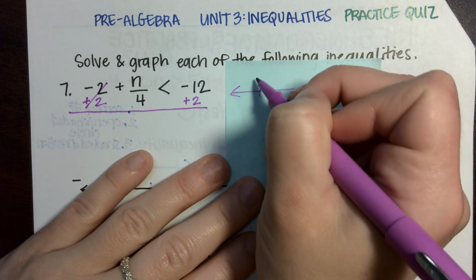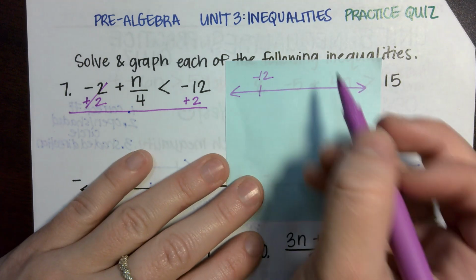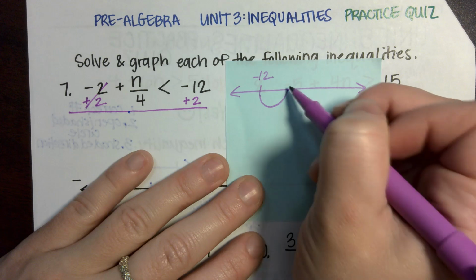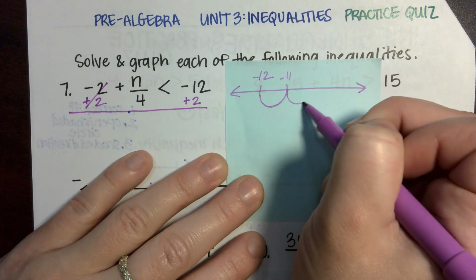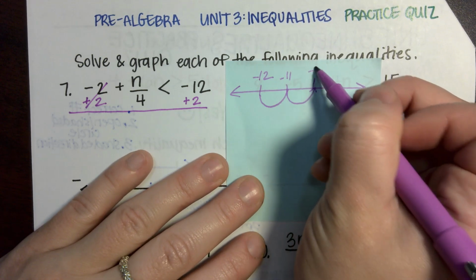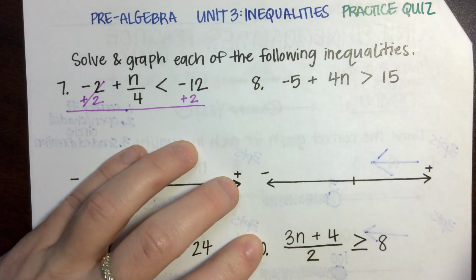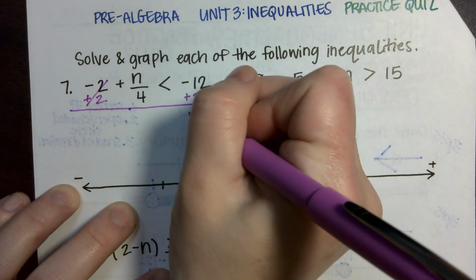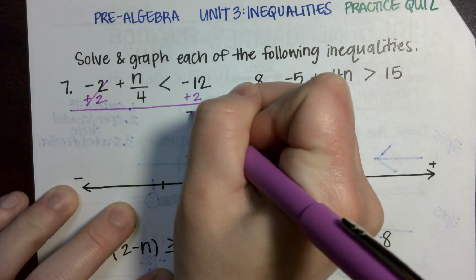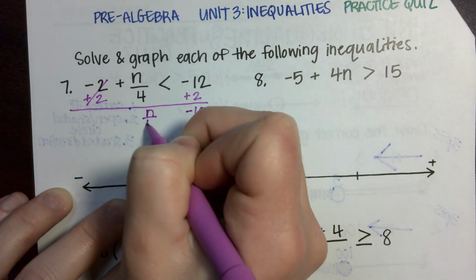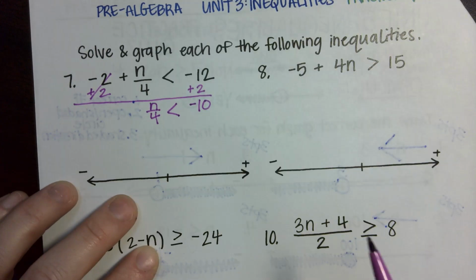So if we start at negative 12 and we add 2, that means we go to the right. Negative 11, negative 10. So negative 12 plus 2 is negative 10, and we'll bring down our n divided by 4 is less than negative 10.